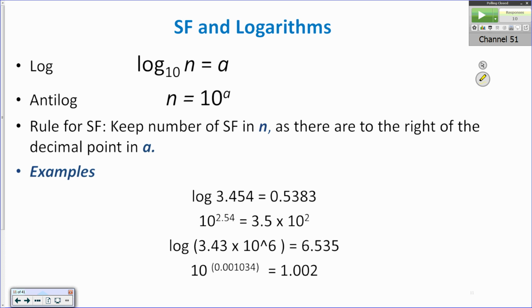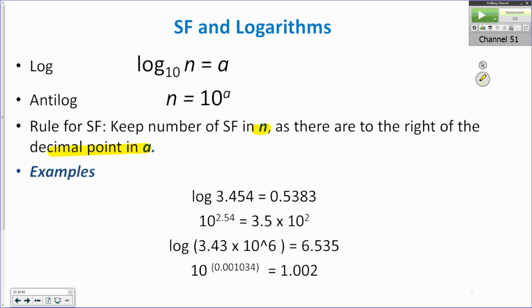What you probably haven't seen a lot of were logs, significant figures with logs, and we'll use logs quite a bit this semester, both taking a log of a number and taking an anti-log in our calculations. So the rule is you keep the same number of significant figures in the number n that you're taking the log of as is to the right of the decimal place in your answer.